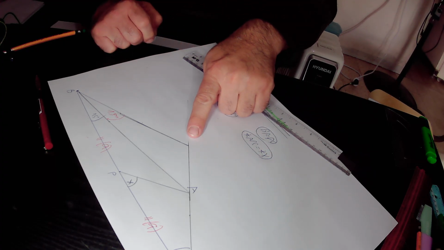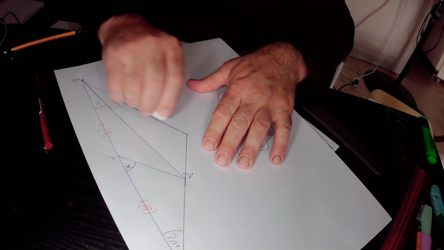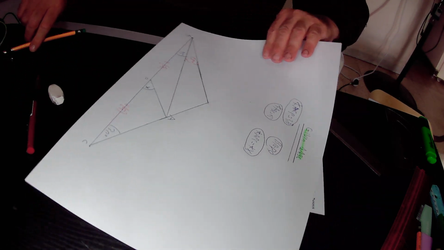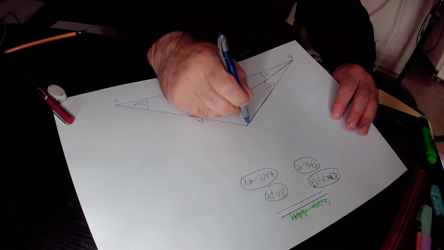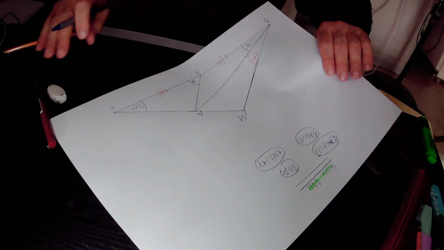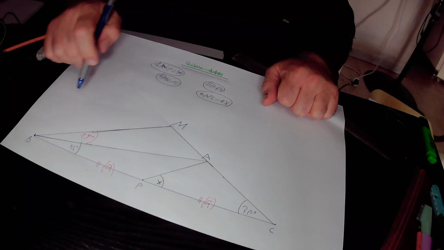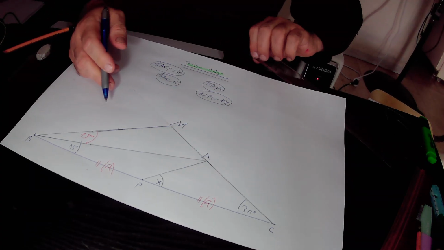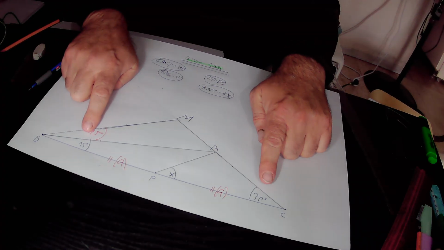This point is point M. By doing this construction, you can deduce the isosceles triangle BMC. Triangle BMC is an isosceles triangle because those angles are both equal to 30 degrees, and therefore the sides are equal to each other.